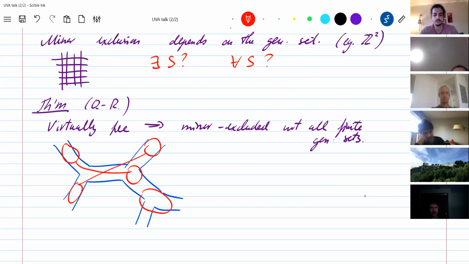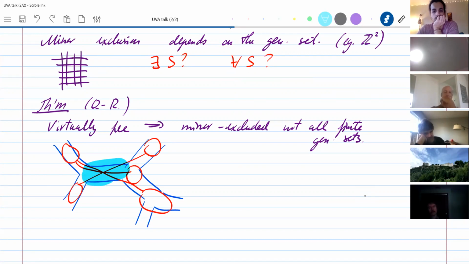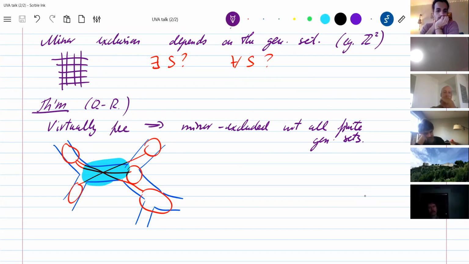So we need to have quite a lot of connections going across this edge in order for this to be a K_m minor. And the point is that for any generating set, this blue part here can only be so thin. There's only a finite number of disjoint edges going across this bridge, so we're definitely going to have a bound on the number of connections that can go across it. So we can't have a K_m minor for any m that we'd like. Okay, that's essentially the reason.